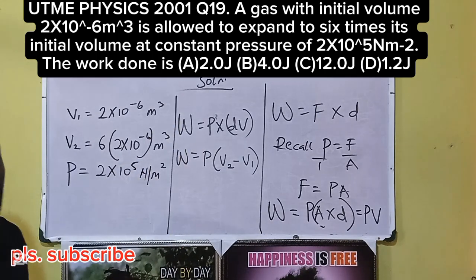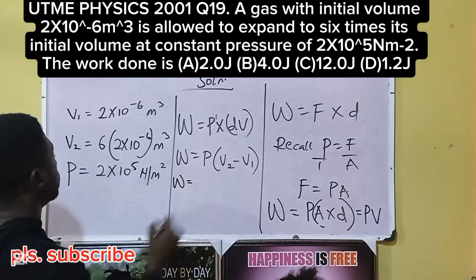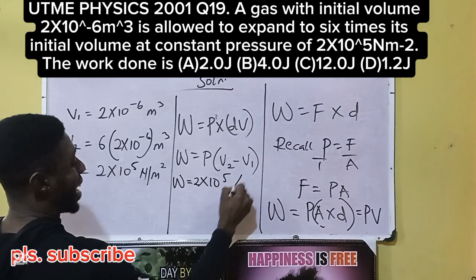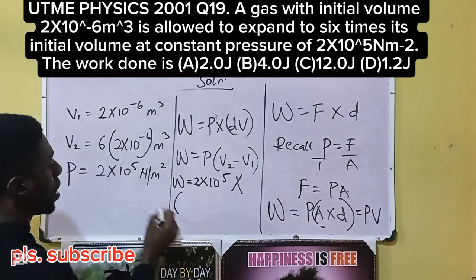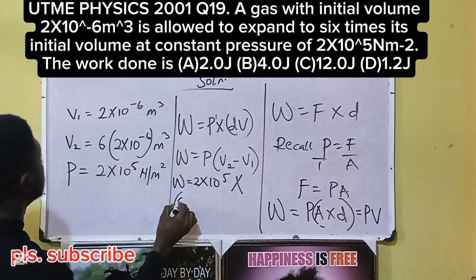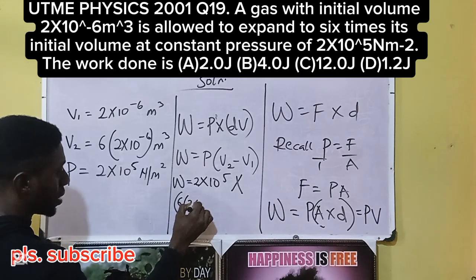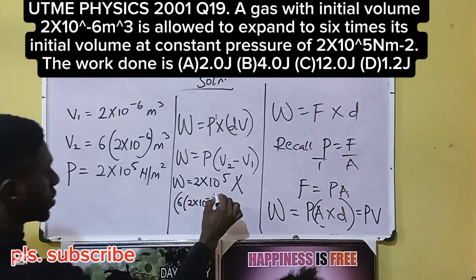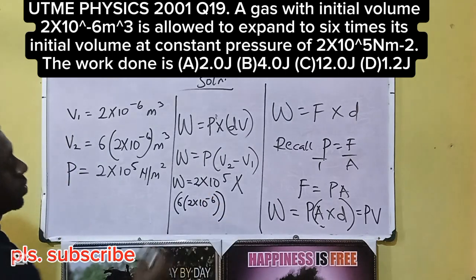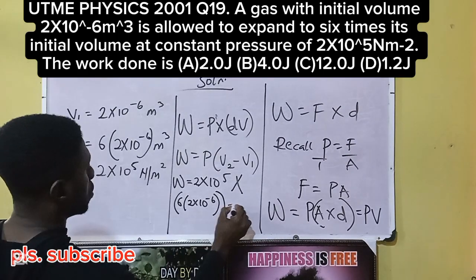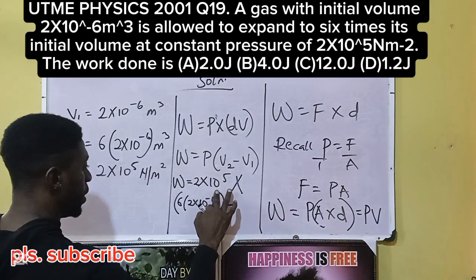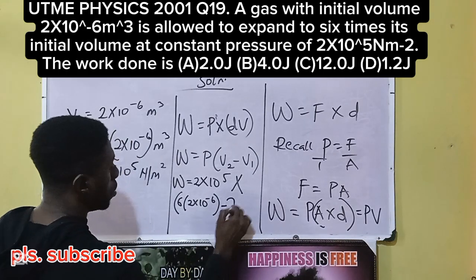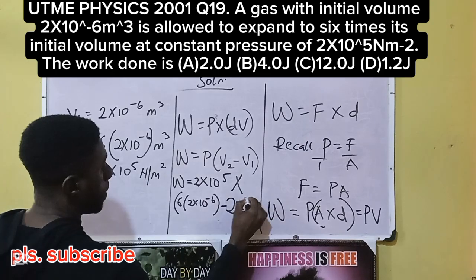Then apply your formula. Work done on fluid becomes 2 times 10 raised to the power 5 times change in volume now. We have 6 open bracket 2 times 10 raised to the power minus 6 close the bracket, the whole of this, minus the initial one, 2 times 10 raised to the power minus 6.